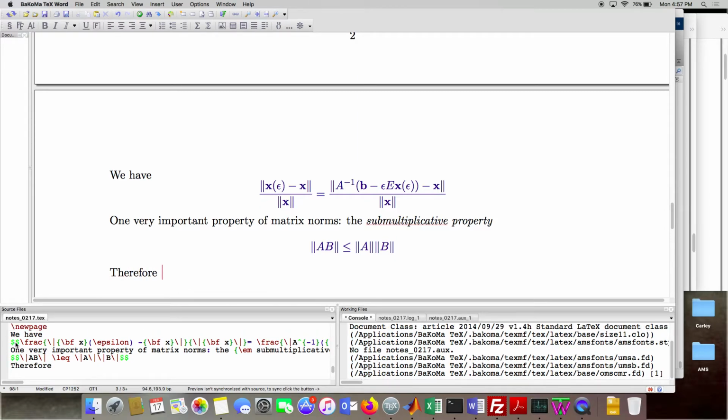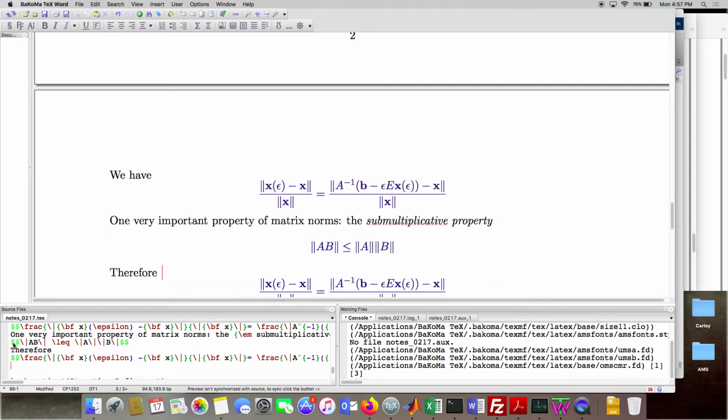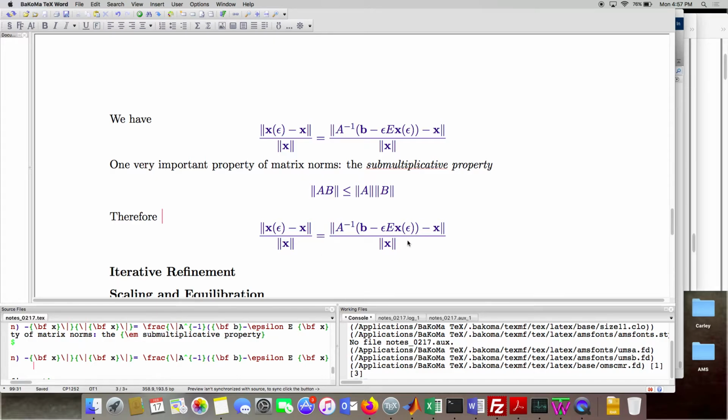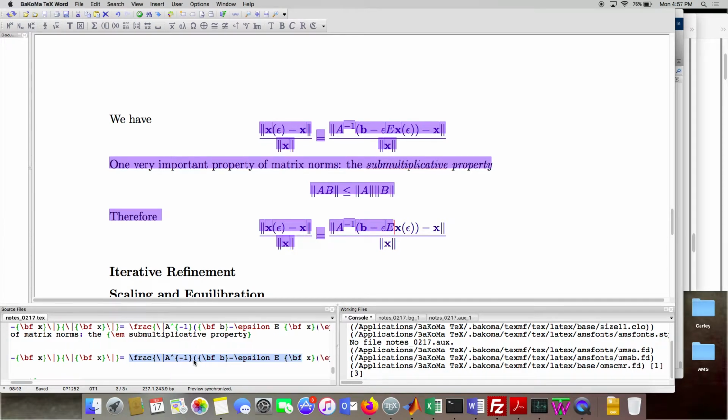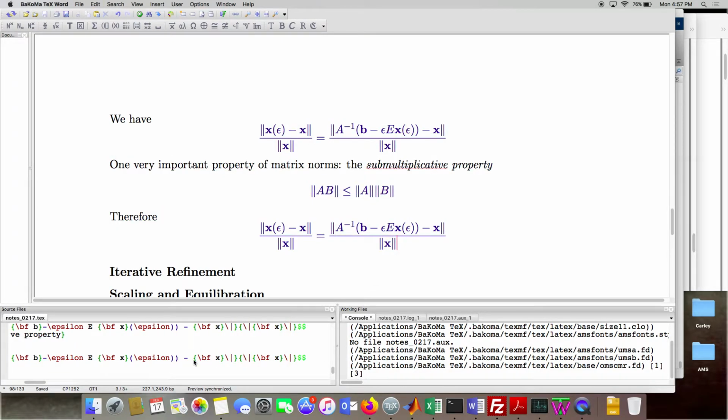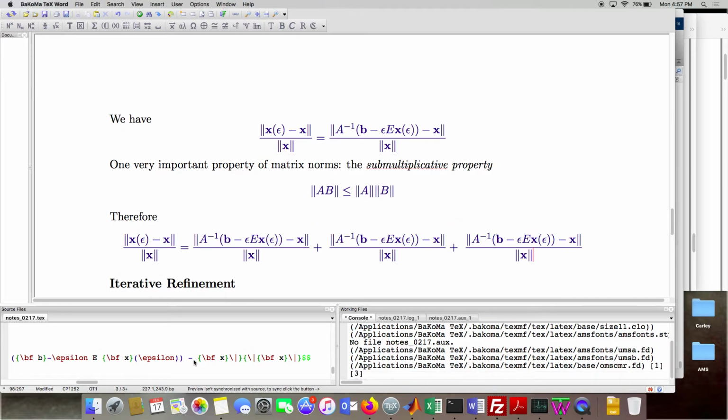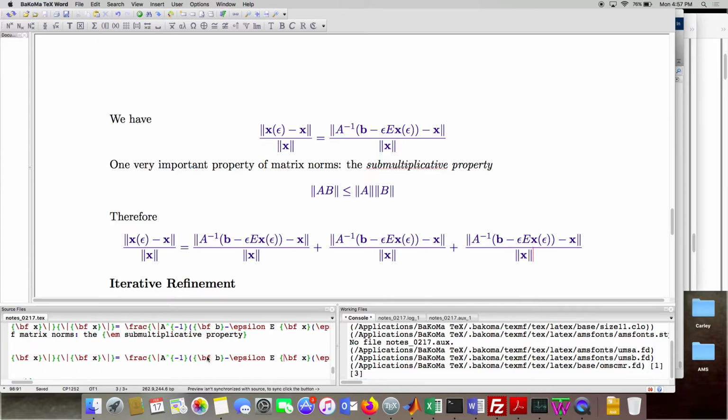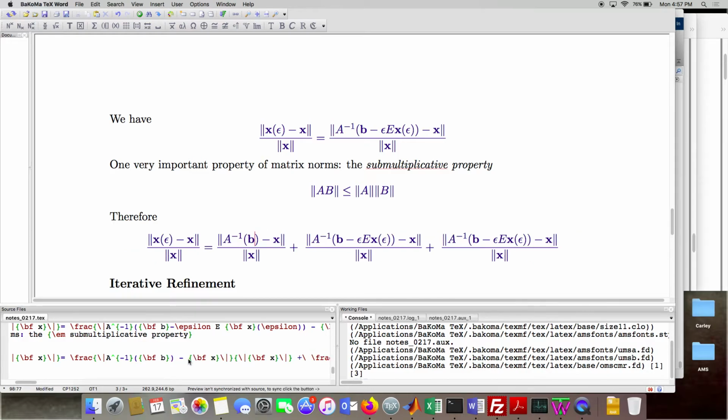Okay, so now if I take that expression and continue working with it, using various properties of norms, I can break this up into various fractions. So what I'll do is make some copies of the right side, because I have 3 terms altogether. But now I'll strip them all down.